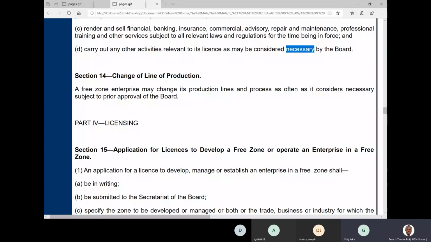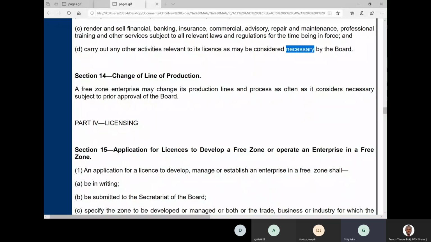All right, let's look at the licensing requirements. 15. Application for licenses to develop or operate an enterprise. Subsection 1. An application for a license to develop, manage, or establish an enterprise in a free zone, A, shall be in writing. B, shall be submitted to the Secretariat of the Authority.